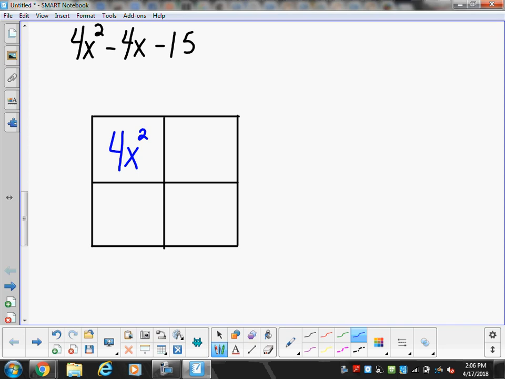Hey y'all, let's face this direction. Stop talking to each other, please. Last box is negative 15. And so then we'll multiply those two together. So 4 times negative 15 is negative 60. And then the x squared.